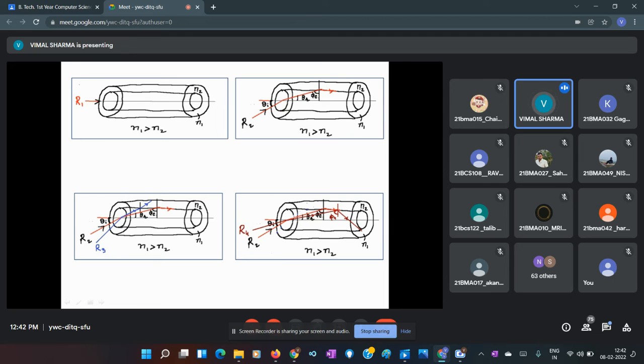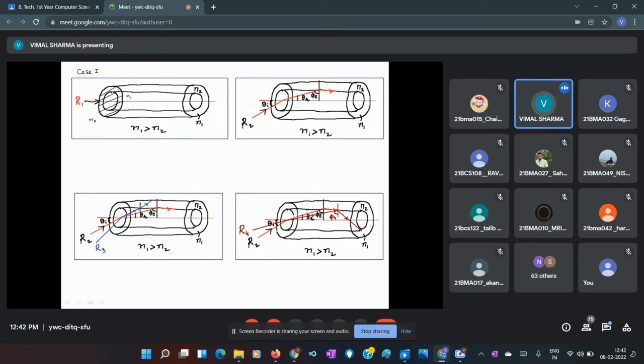This is case 1. In this you can see that we have a ray 1, and it is made incident on the, you can see this is the cross section of the optical fiber, and we are launching this from here, having refractive index N0, into the core having refractive index N1.